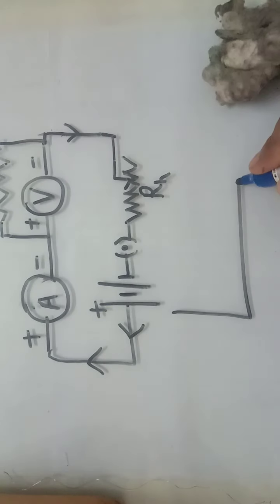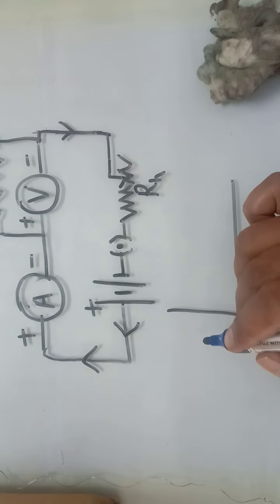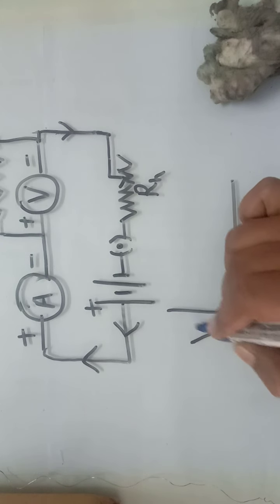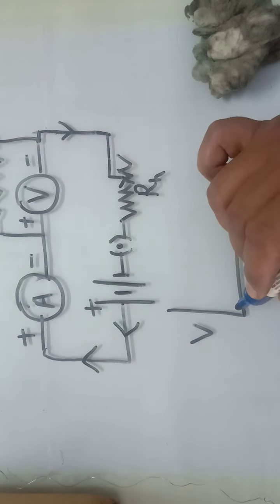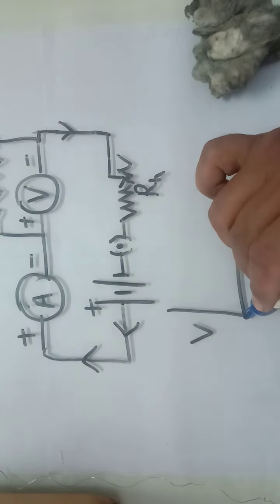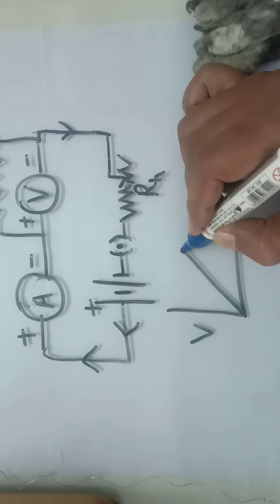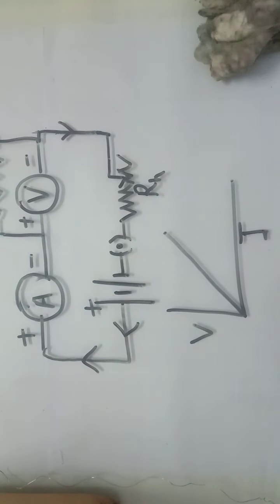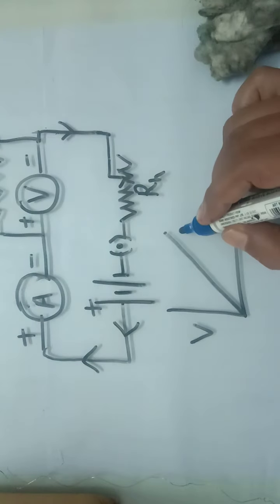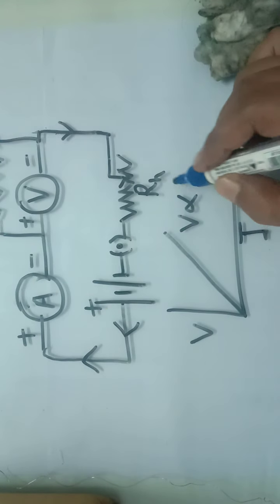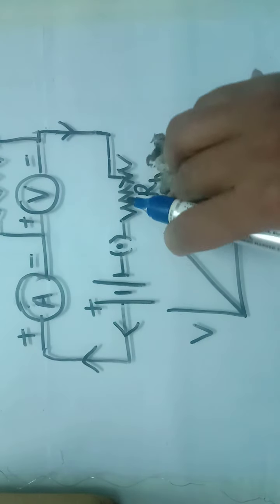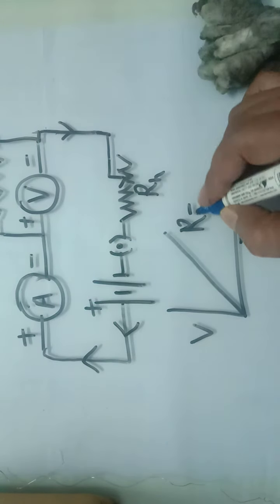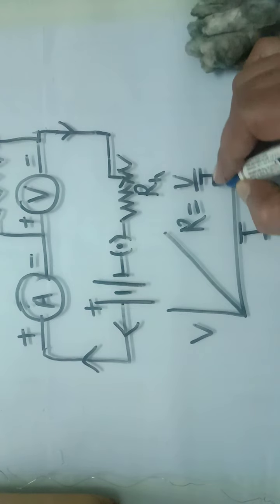If we plot a graph between voltmeter and ammeter readings, we will find that current and voltage are directly proportional to each other. So this indicates that V is proportional to I, or we will say that R equals V upon I.